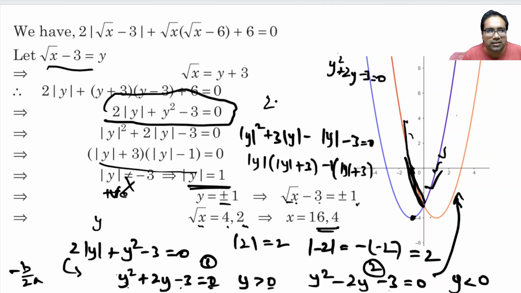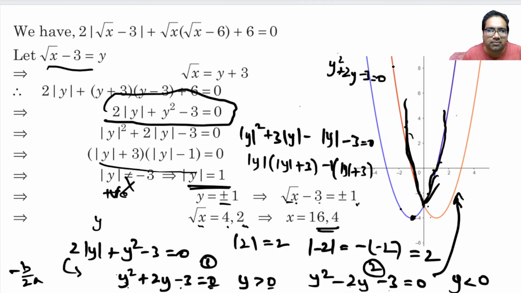If we write it in terms of x, 2|x| + x² - 3. This graph is this entire part till here, and this part till here. Basically, we are taking this graph when y is greater than 0 for this part, and when y is less than 0, this part.